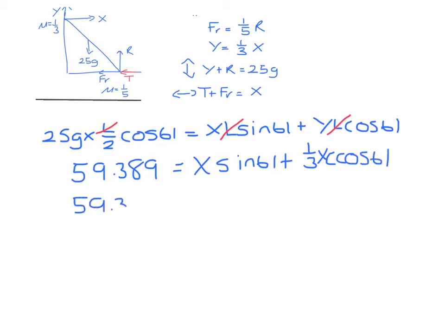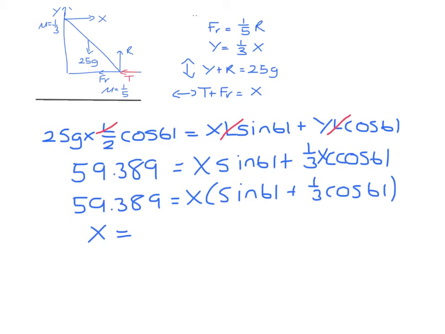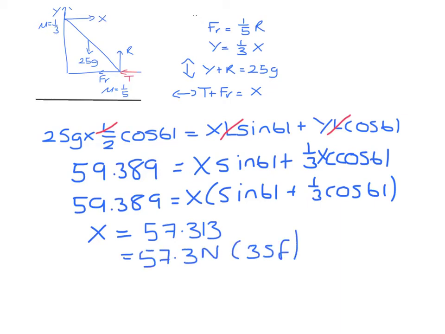Easiest way to deal with the right hand side now is to factorise and then divide the 59.389 by the factor, and this gives us 57.313, 57.3 newtons to 3 significant figures.